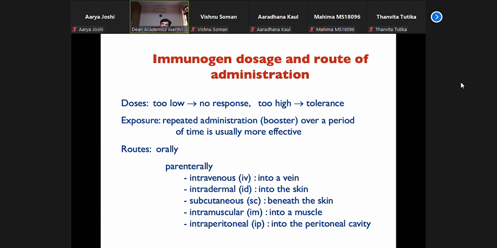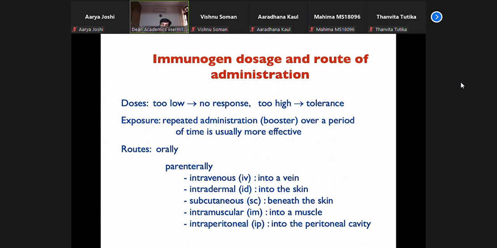And this actually is in a few micrograms. You don't require milligrams or grams or kilograms injected. Just a few micrograms is good enough for the dose to be efficiently recognized by your immune cells. Now, repeated administration is always better. This is basically the concept of formation of your memory cells and then elicitation of the response over a period of time.